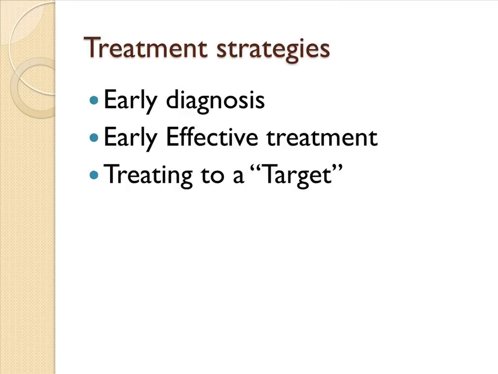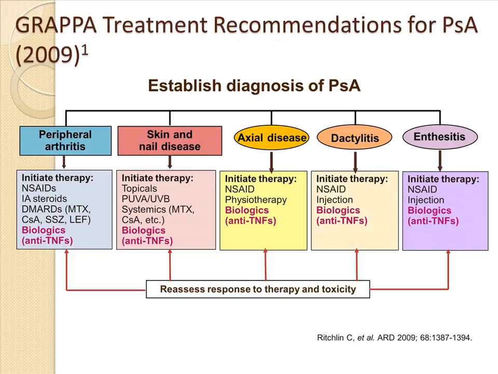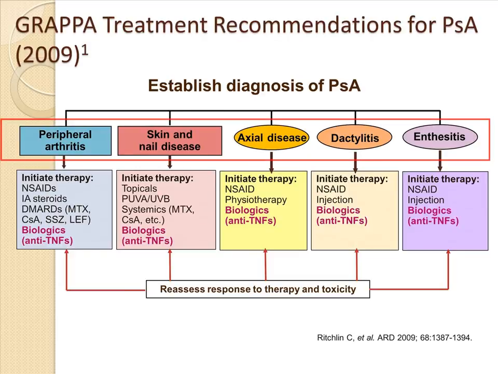Treatment strategy is important. Now we emphasize early diagnosis, early effective treatment, and treating the disease to a certain target. This is the GRAPPA guideline recommendation for treatment. We treat according to the domain of psoriatic arthritis like peripheral joint, skin, axial disease, dactylitis, and enthesitis.